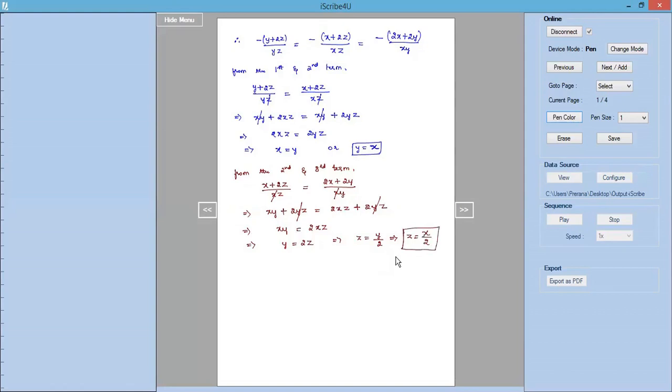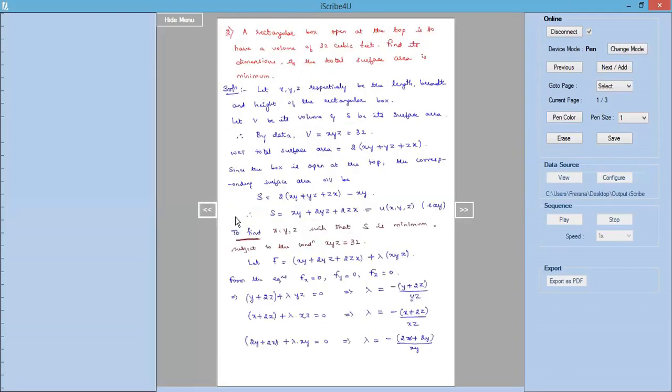So our aim is to represent both y and z in terms of x, so that we are representing with respect to one single variable, which in turn will help us to obtain the stationary point x, y, z respectively. So now we substitute y is equal to x and z is equal to x by 2 in the given condition. Here the given condition is with respect to the volume of the rectangular box. So it is xyz is equal to 32. This is the given condition here for us.